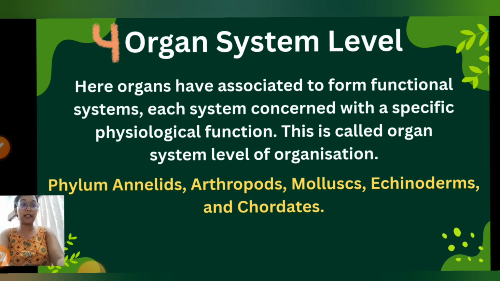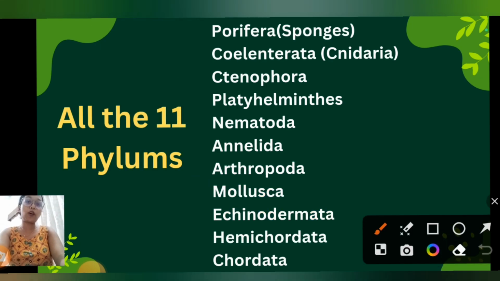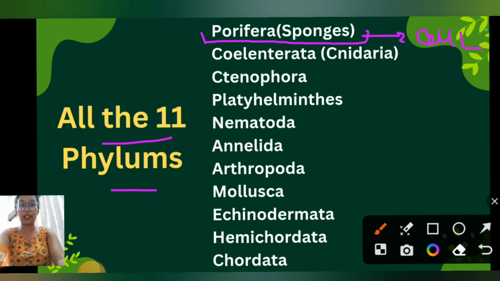So let's take a quick recap. What we got in phylum 1, Porifera, so all the 11 phyla, again I am repeating. In Porifera we have seen the cellular level of organization. And in Coelenterata and Ctenophora we have seen what?